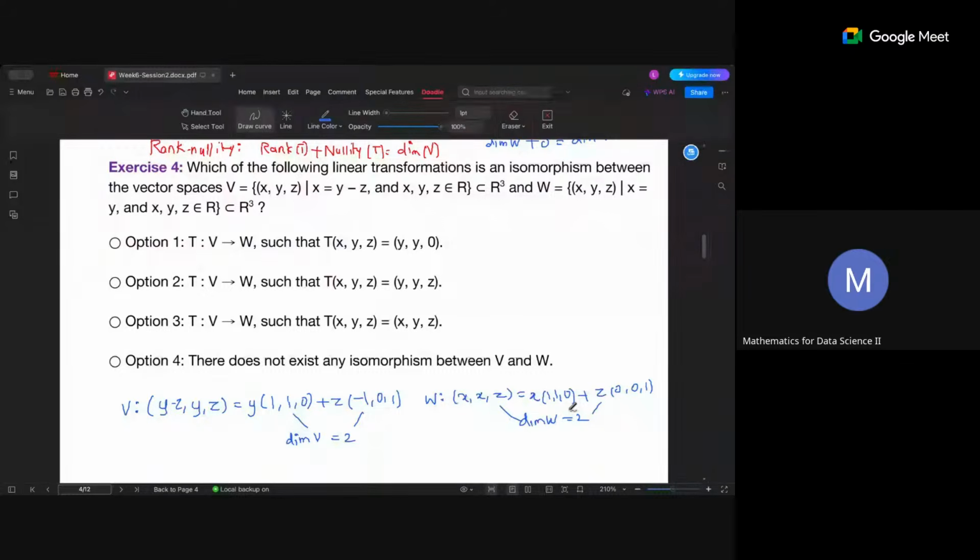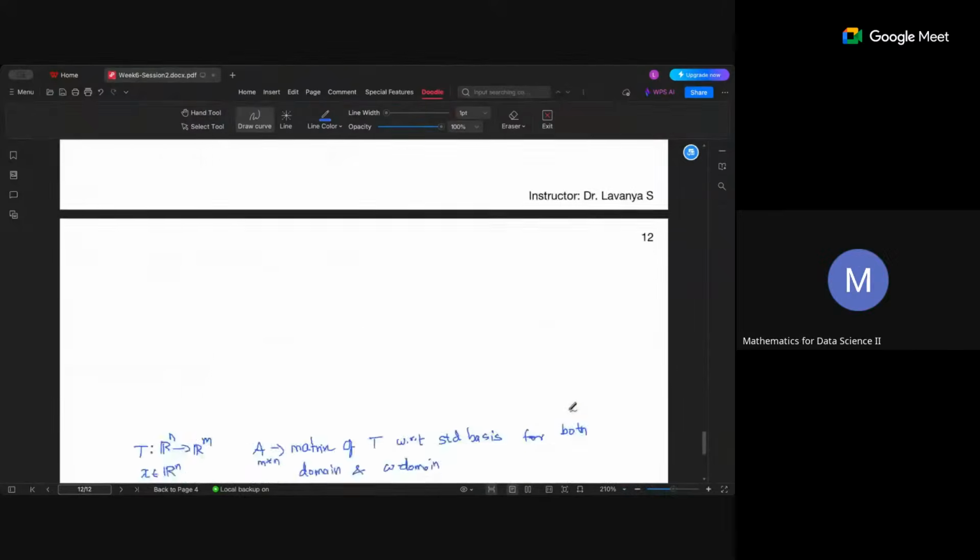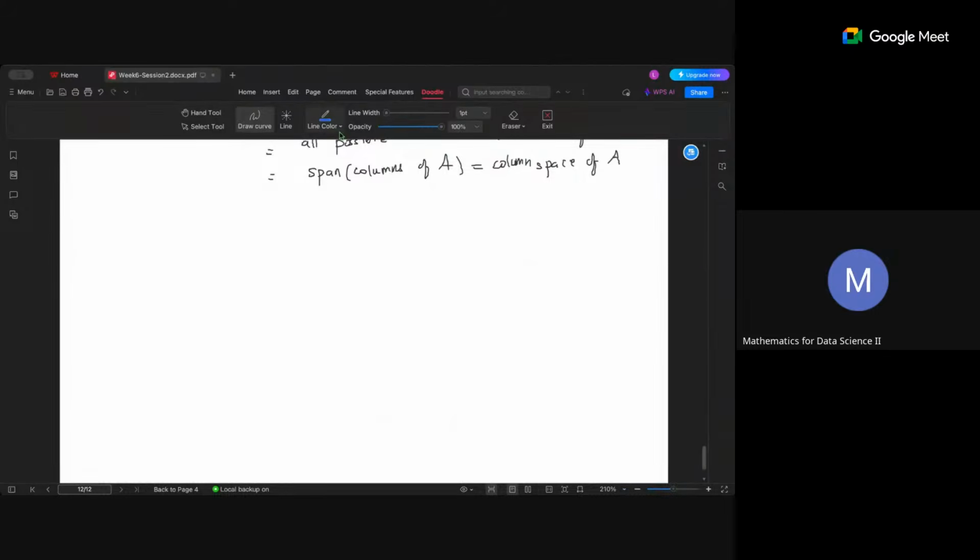If two vector spaces of the same dimension are there, how to construct an isomorphism? Have you already seen this part? Okay, fine. So let us say you have two different vector spaces, V and W. Now, let's say the dimension of V is equal to the dimension of W. How can we form an isomorphism between these two?